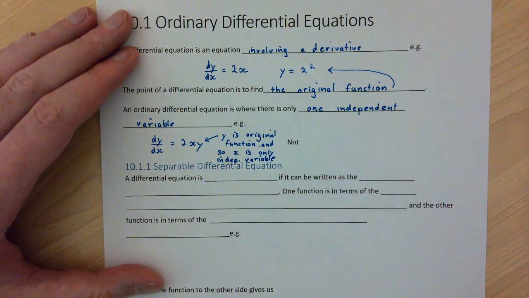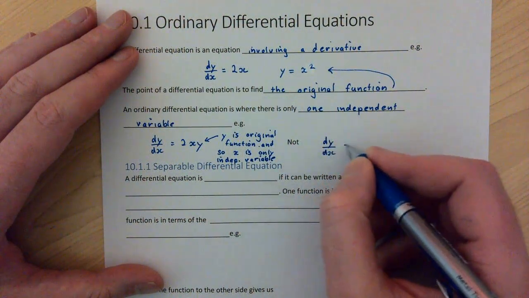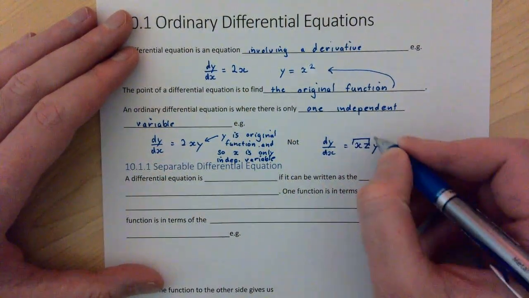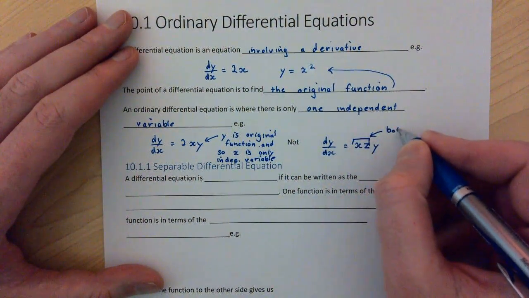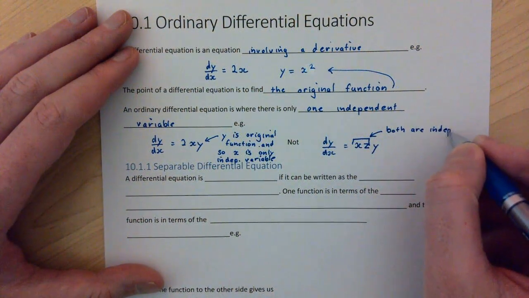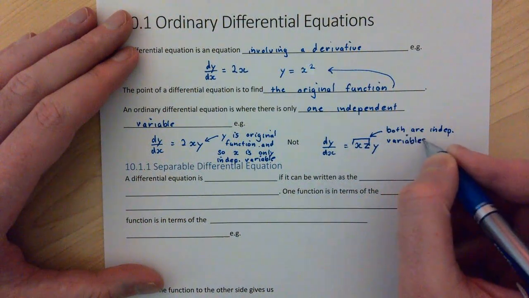So that's an ordinary differential equation as compared to something like dy dx is equal to xzy. In that case, both of these are independent variables, and so that's not an ordinary differential equation.